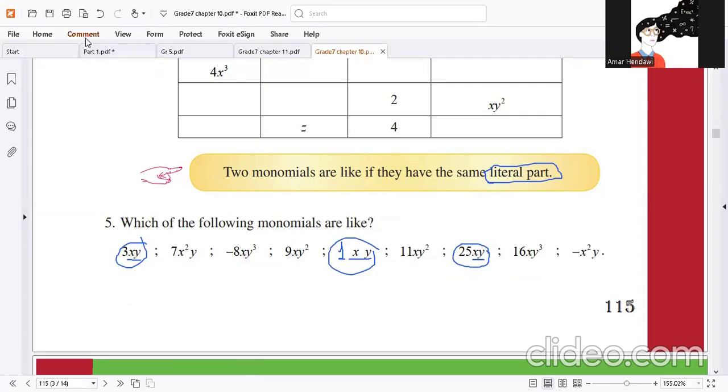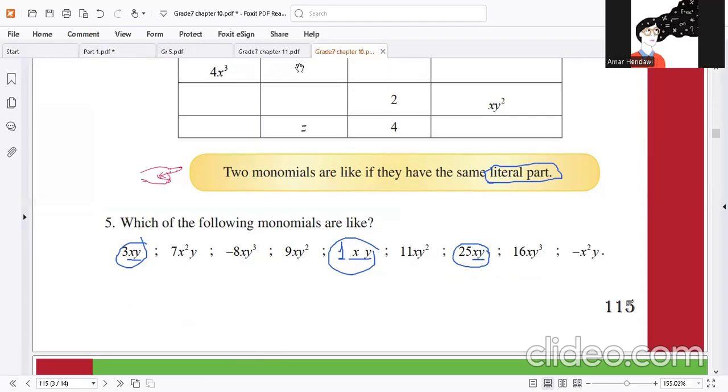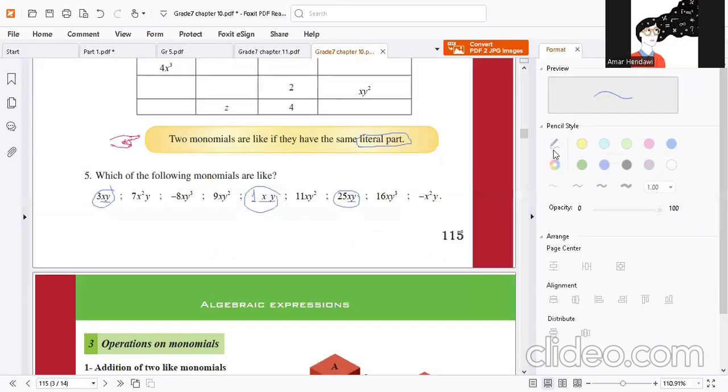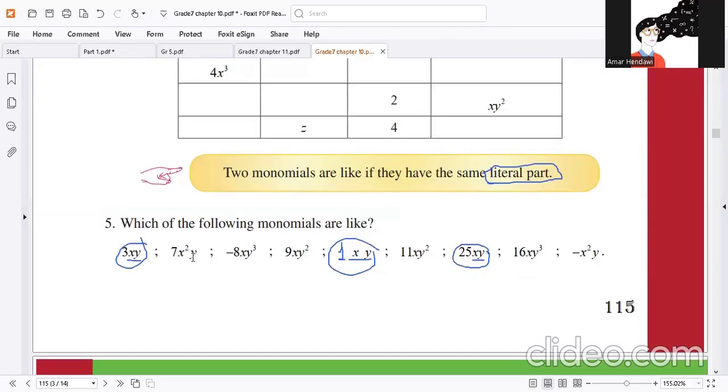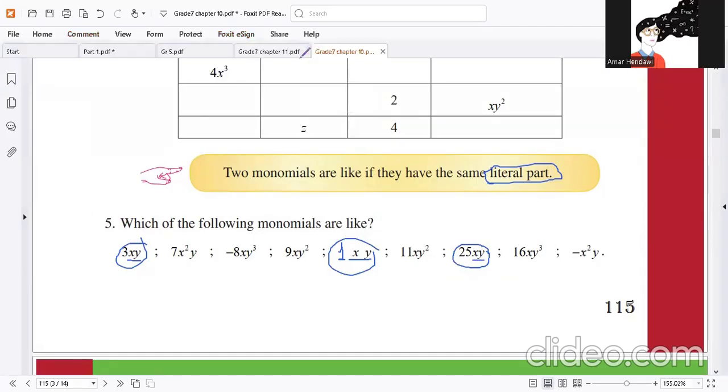Let's search if we have other like monomials. Here we have x squared y. Let's see if we have another x squared y.